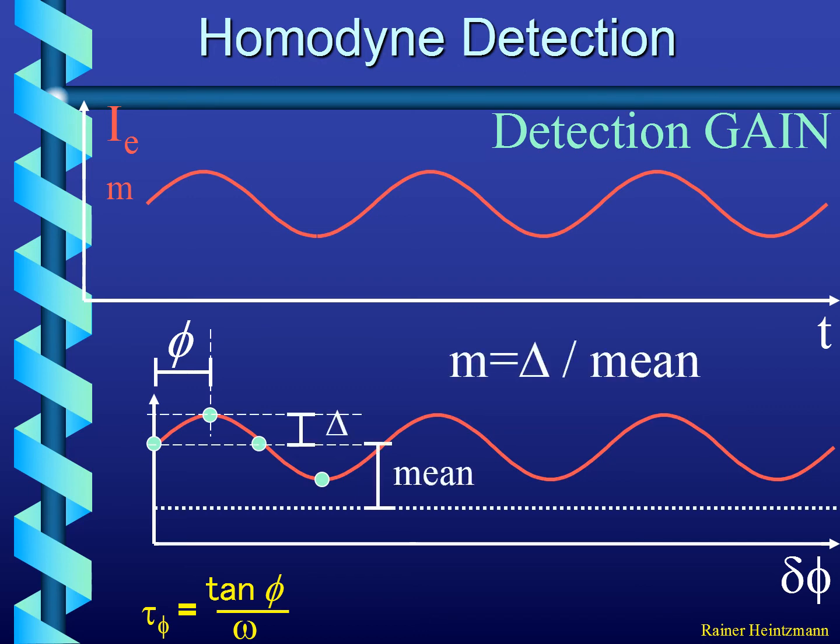There's another parameter you can measure, which is the modulation depth of this curve, so delta over the mean intensity of your curve. That's the relative modulation. If this is 1, you have a perfectly modulated curve. If this is 0, it's just a flat line, nothing left.